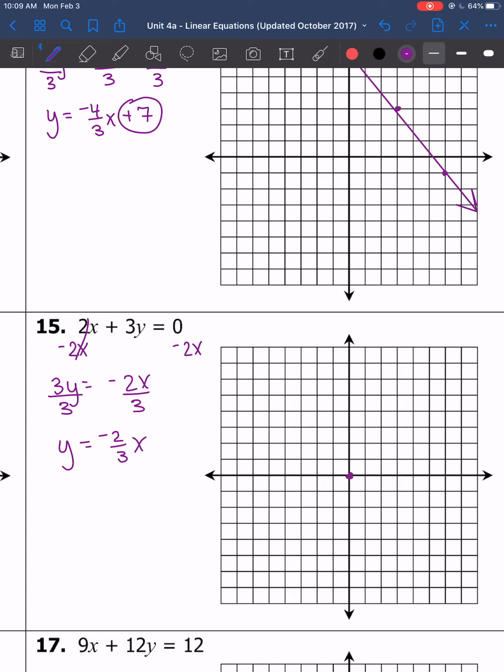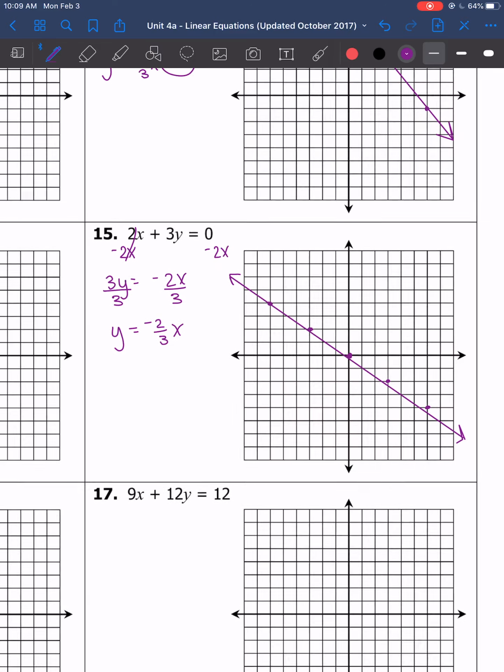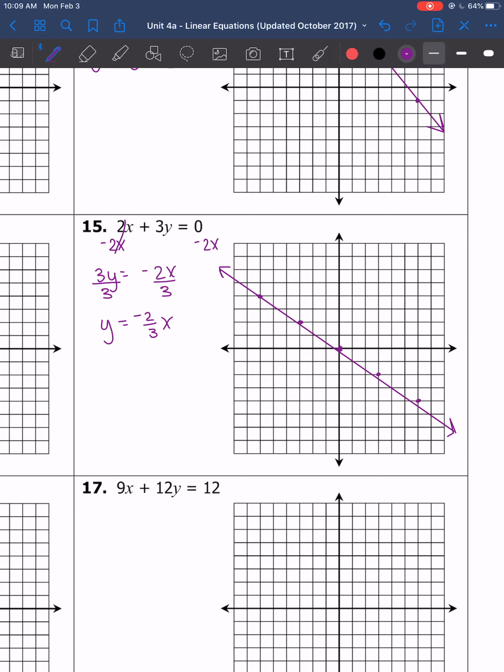Then I'm going to go down 2 and right 3, and down 2 and right 3. And I can go up 2 and left 3. And that'll still give me the same slope. So there's your line. Don't forget your arrows. If we wanted to plug this in Desmos, just like the 2x plus 3y equals 0, it would work out.